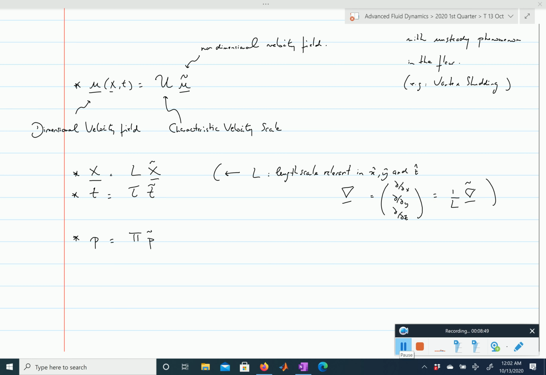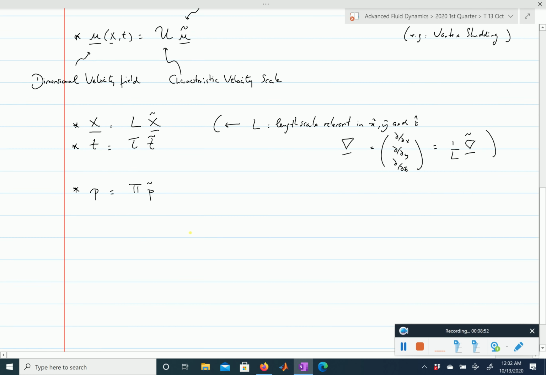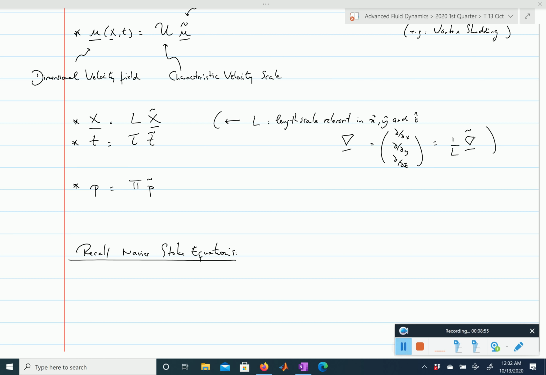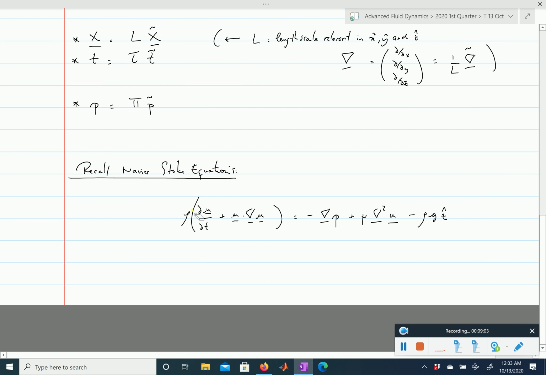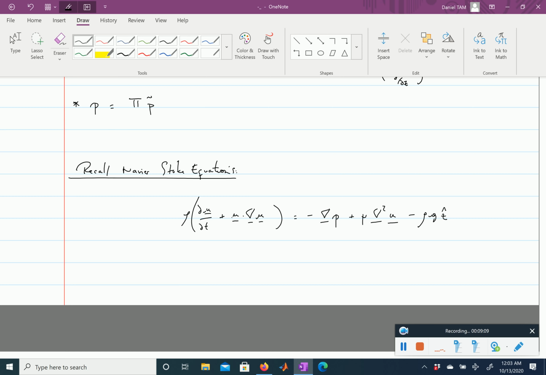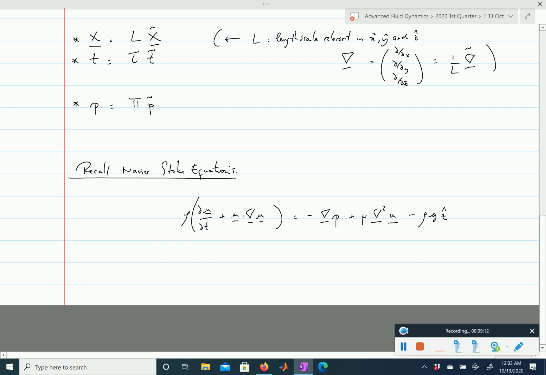Okay, and so with all of that, we can directly non-dimensionalize our Navier-Stokes equation. So recall our Navier-Stokes equation. And so what we're going to do is to simply replace all of our fields and all of the notations by our non-dimensional notations. So for the first term, we have rho, and here u is a characteristic scale u times a non-dimensional u, partial tau times a non-dimensional t.